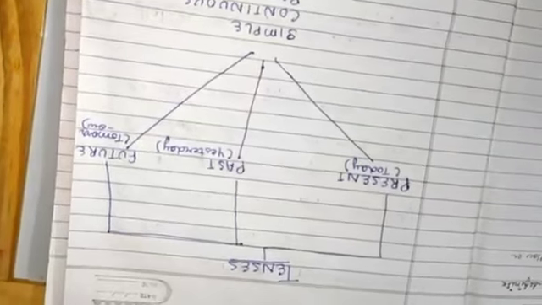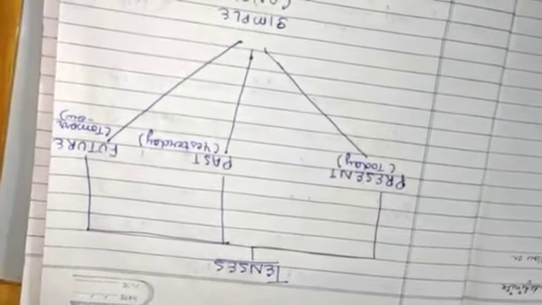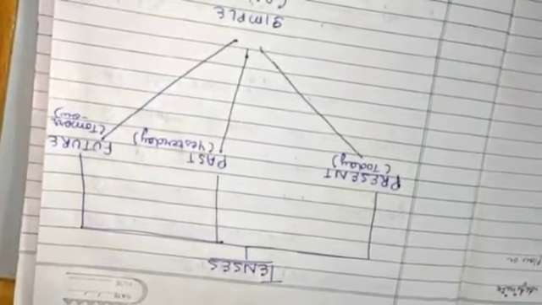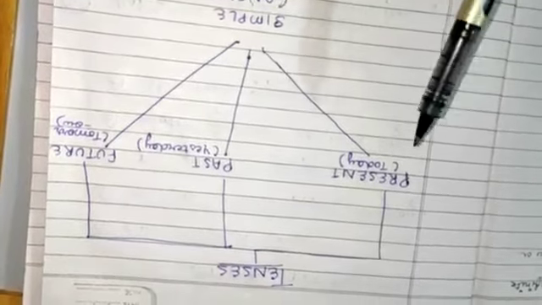Tense is the form in which a verb is used to express when an action is performed, was performed, or will be performed. Based on time frame, that is when the action is taking place, we can divide or categorize the tense into three types.